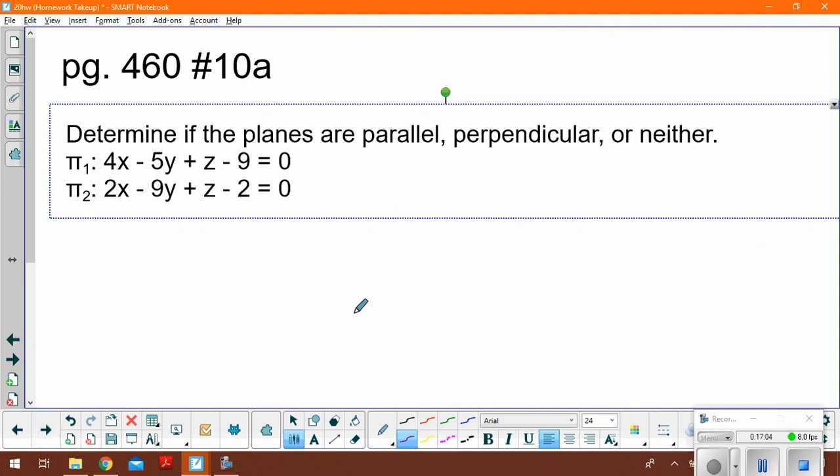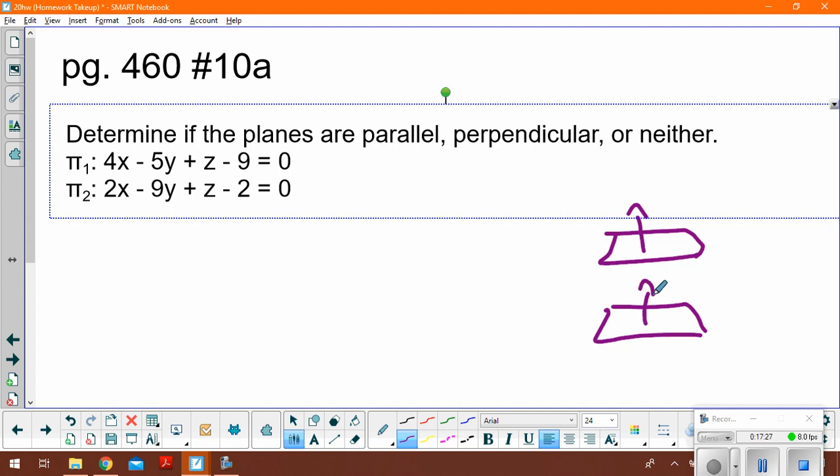Number 10a, determine if the planes are parallel, perpendicular, or neither. Again, we haven't directly talked about this, but let's think about what's going on. If the two planes were parallel, something like this in space, then their two normals would also be parallel.